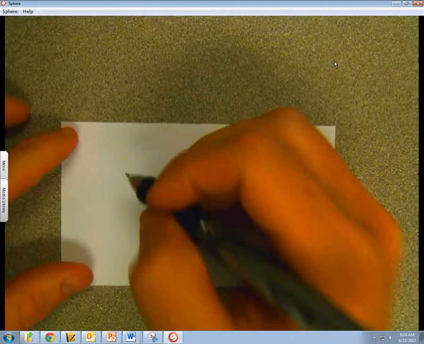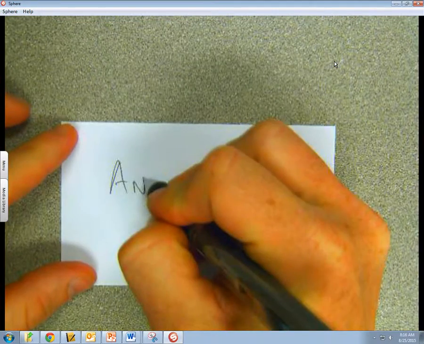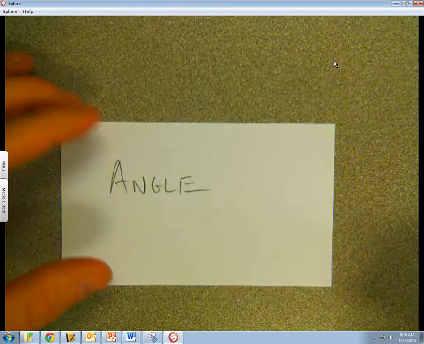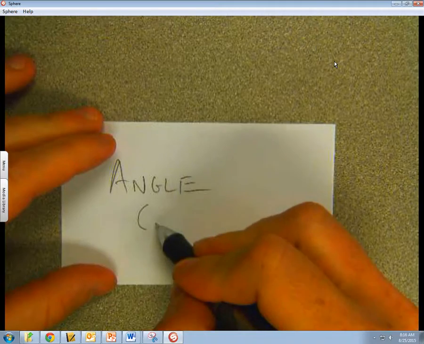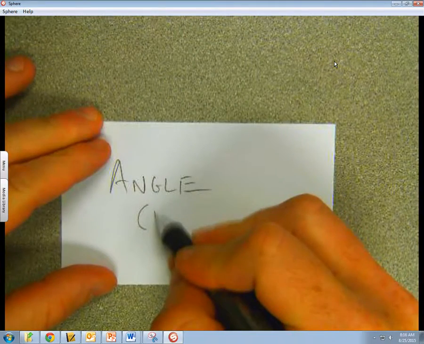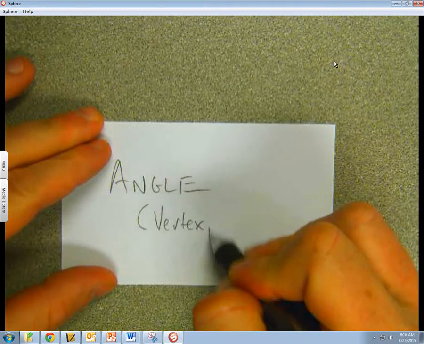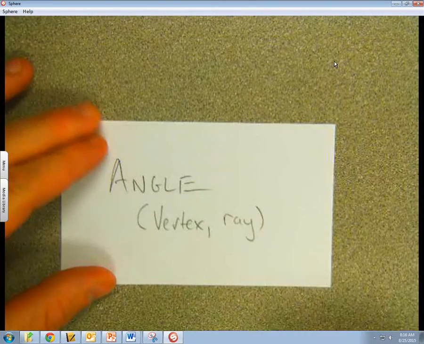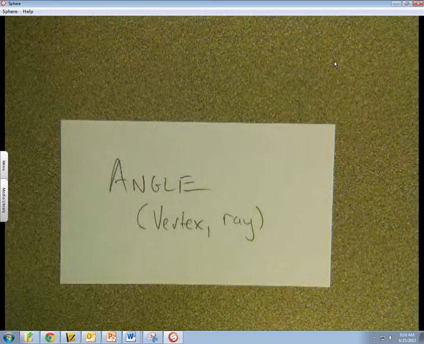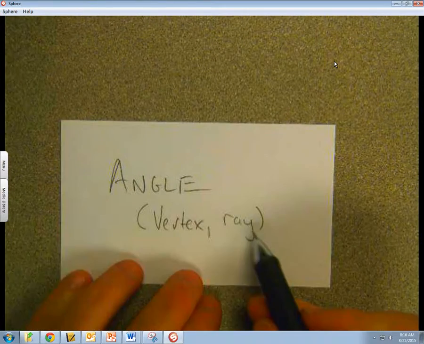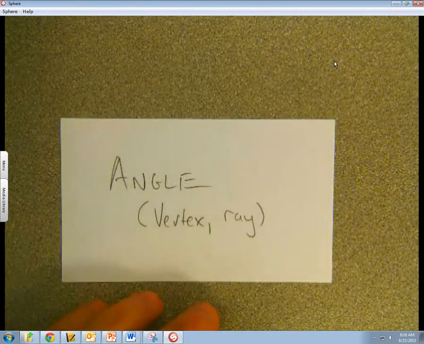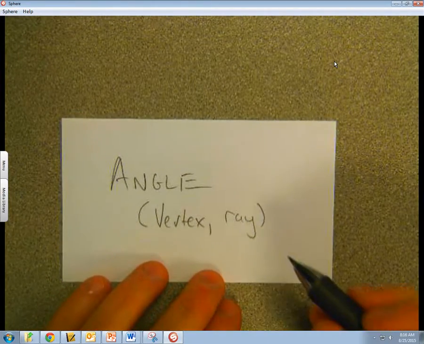So we are going to start with the angle today, and under the angle I'm going to put a couple of features, vertex and ray. So hopefully we can roll this all into one kind of thing. And ray we got yesterday, so a little bit of overlap, which is a good thing. Helps you guys remember, helps retention.